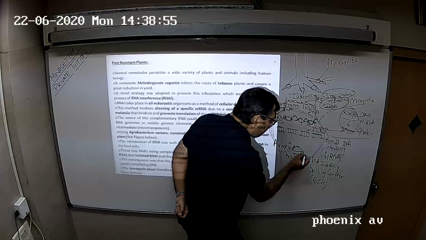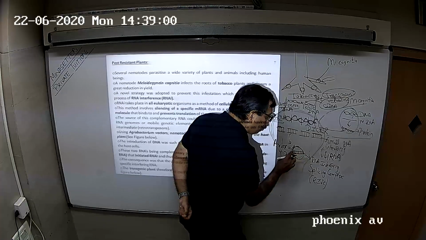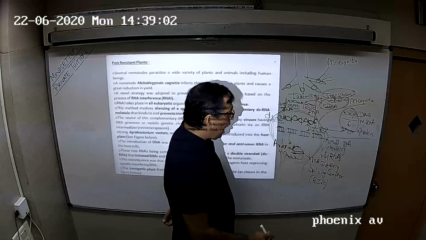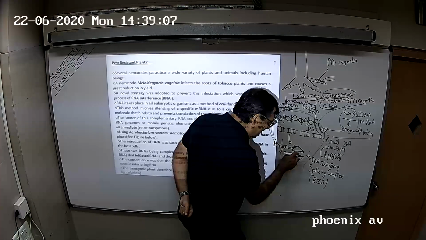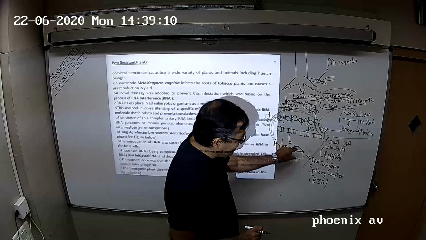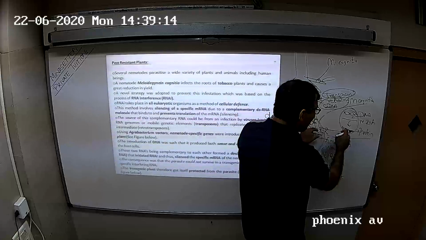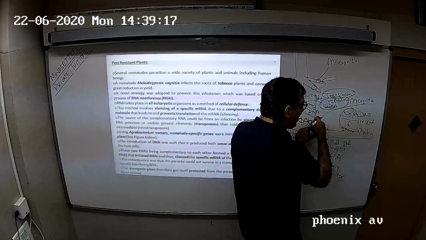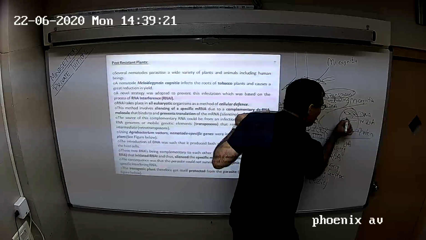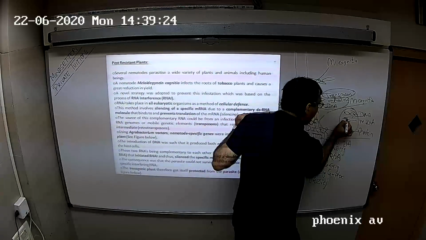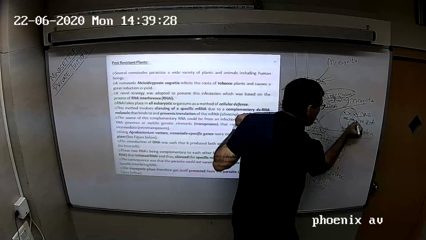Argonaute protein breaks down double-stranded RNA into single-stranded RNA. Then, as soon as this worm attacks inside, this Argonaute protein goes and attaches itself with the RISC to the mRNA.